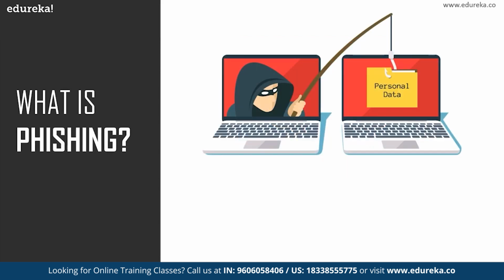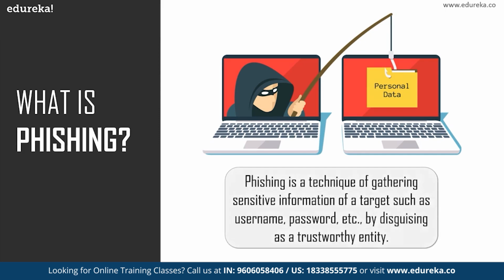Hackers take advantage of this trust factor and disguise themselves as a trustworthy entity to steal your sensitive or personal data. So phishing is an attack of gathering sensitive information of a target, such as username, password, email ID, or other sensitive information, maybe your bank details, your credit card or debit card details, by disguising themselves as a trustworthy entity.